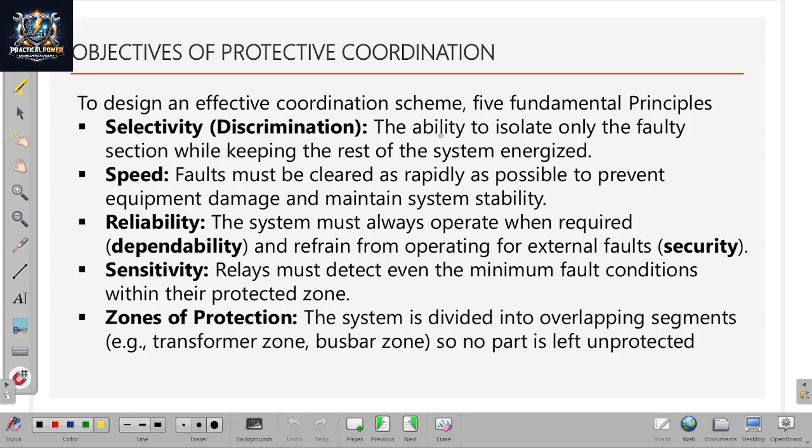The ability to isolate only the faulty section while keeping the rest of the system energized.